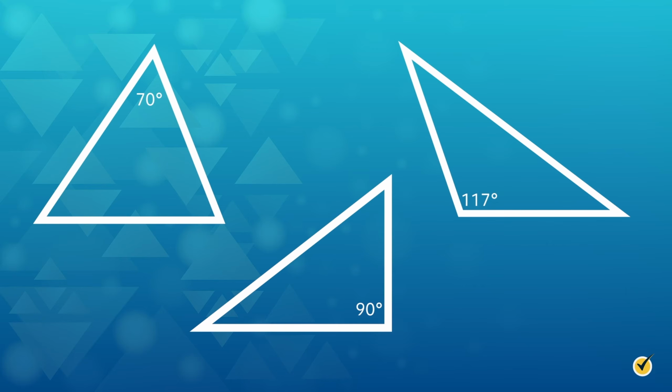We can see that the largest angle in the triangle on the left is 70 degrees. 70 is less than 90, so this is an acute triangle. Just remember that acute angles are less than 90 degrees. This one is easy to remember, since cute things are often small, like puppies and kittens. We can see that in the middle triangle, the largest angle is exactly 90 degrees.